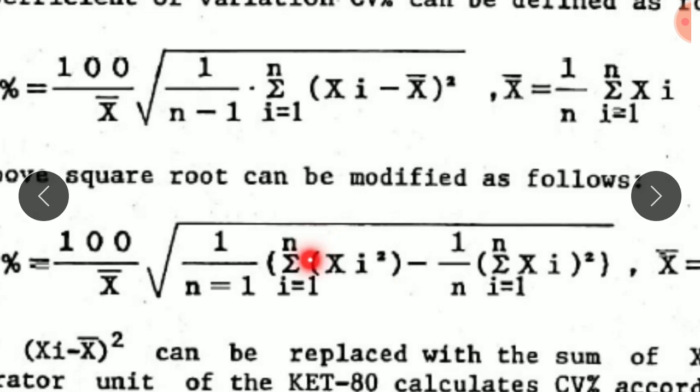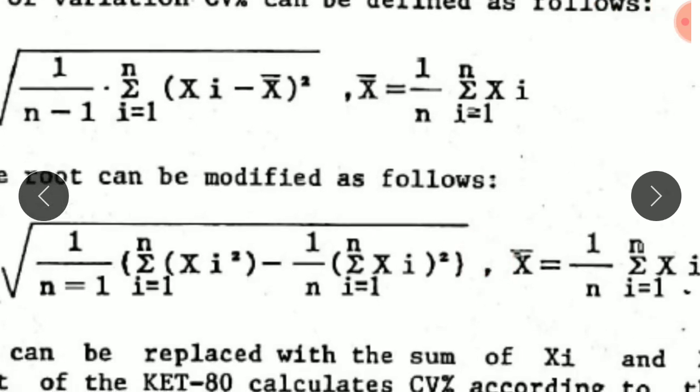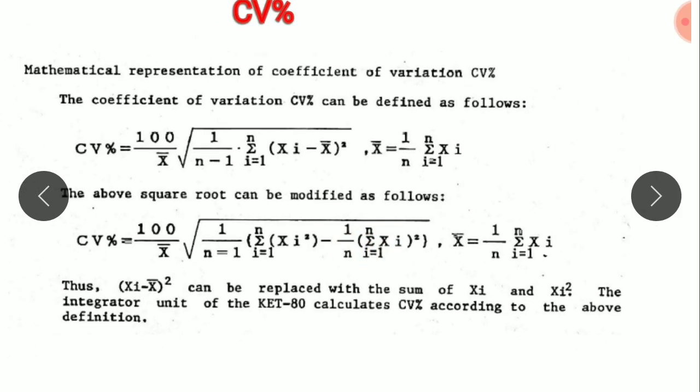If there are 100 values, we are taking the square of all those 100 values, and their mean, summation of xi divided by n, simply the square of this mean. Since in the final readings we are taking the final value of X bar, the computed value of CV from the instrument is exactly what it is mathematically.